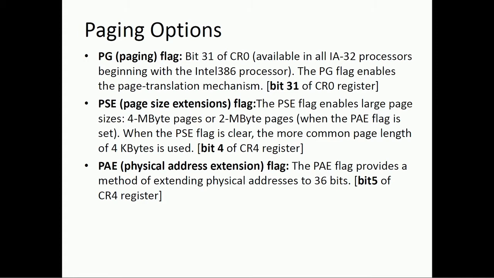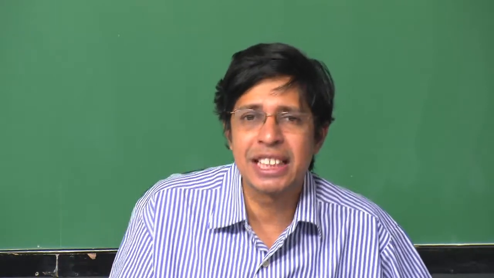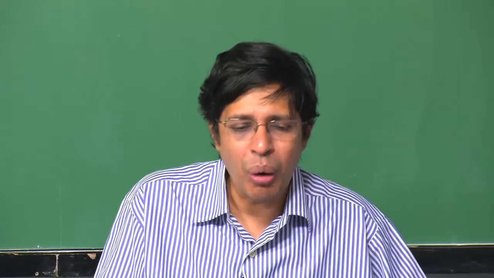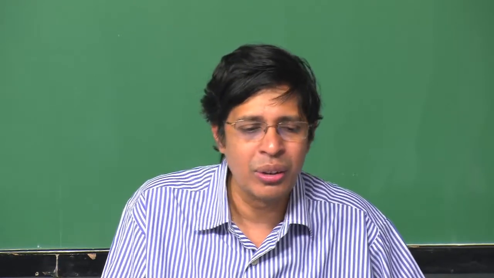Now please note that by default in protected mode you have segmentation, you cannot get away from it, but paging is optional. Once you start protected mode, which essentially has segmentation, you can go and set the 31st bit of CR0, the control register 0, and then immediately paging will be enabled.